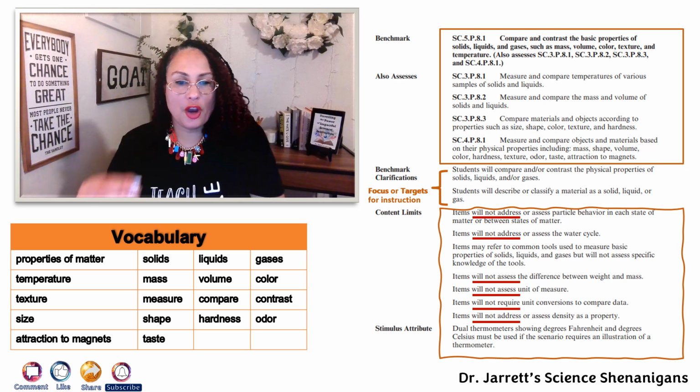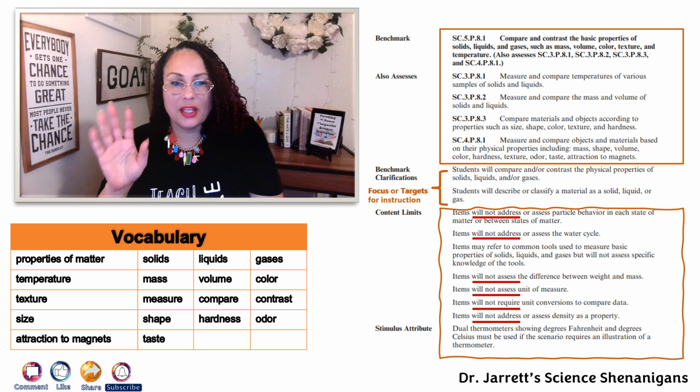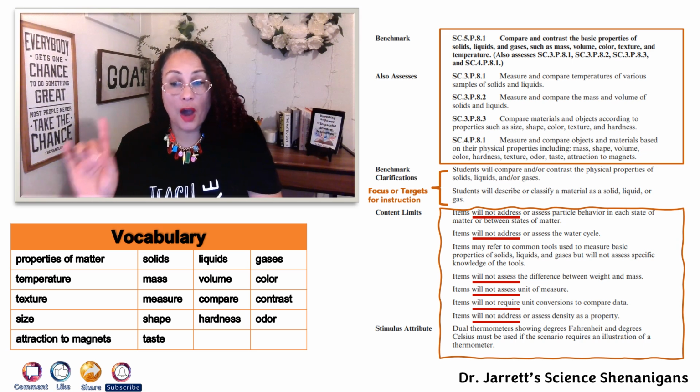So in the 3rd grade, the students are learning about solids and liquids. They're also comparing temperatures of solids and liquids. They're measuring and comparing mass and volume of solids and liquids.